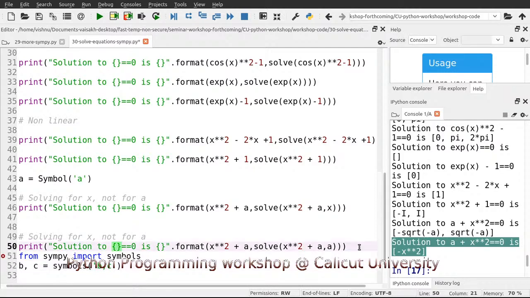Okay, now let us take the quadratic equation. Quadratic equation is not completely correct because we don't have an equal to sign in this expression. But just keep in mind that we are actually going to solve this expression equal to 0. a x square plus b x plus c.